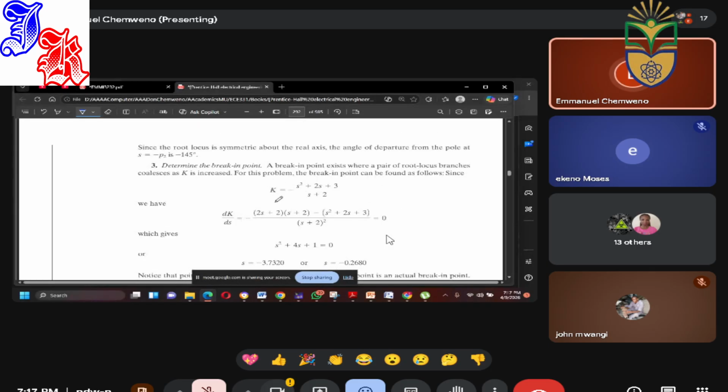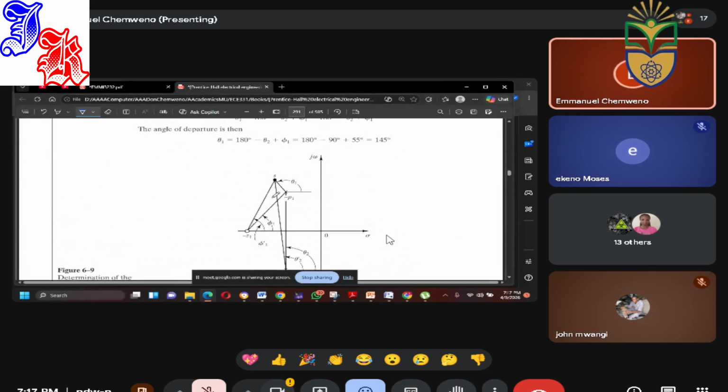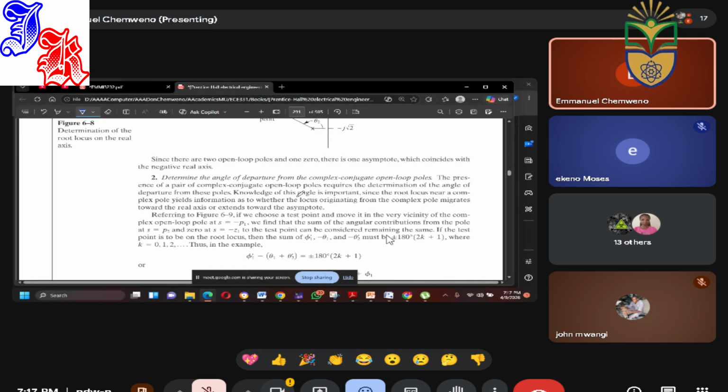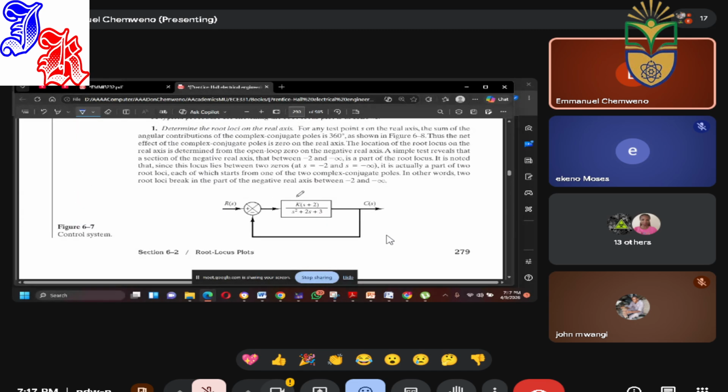Which question is this? Okay. (S plus 2) over (S squared plus 2S plus 3).